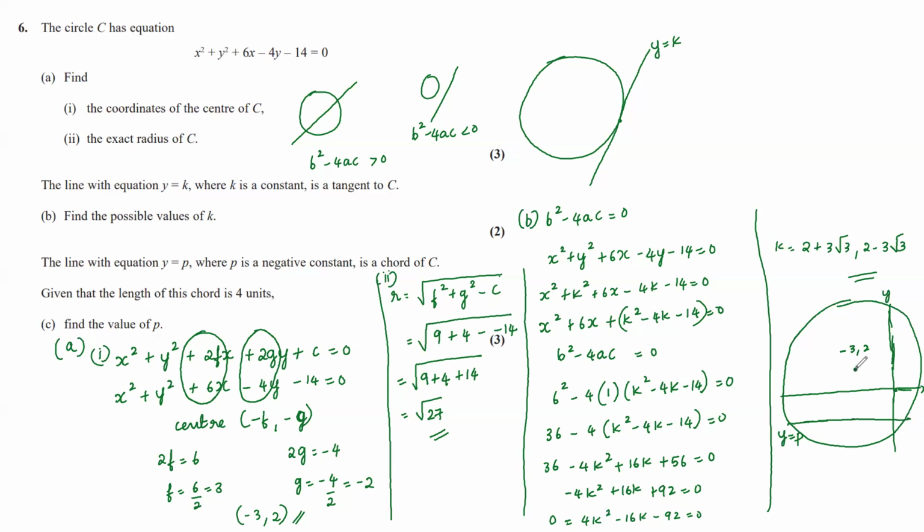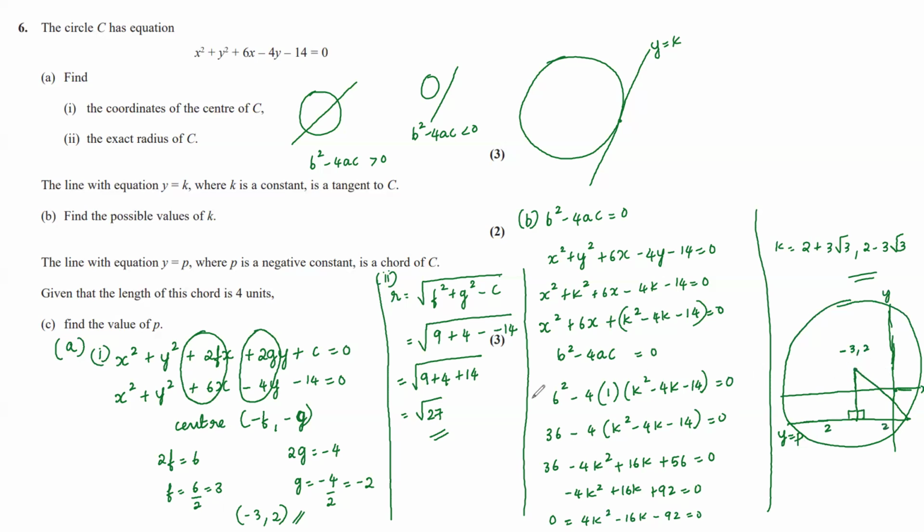Now, if I draw a line like this, I can make a radius here. This will be the radius. And I know the line from the center perpendicular to the chord divides the chord into 2 equal parts. So this is a total 4 units, so this will be 2, and this will be 2 as well.